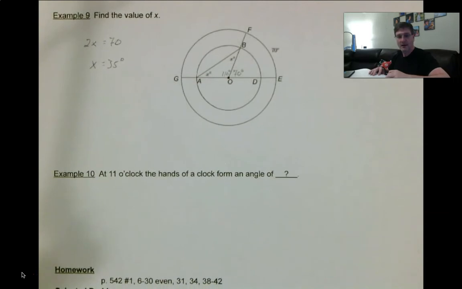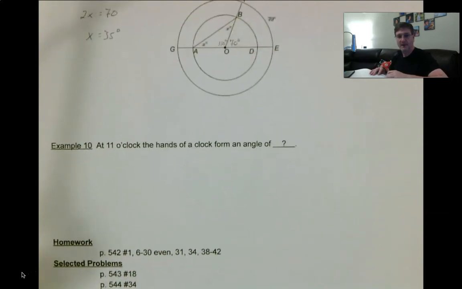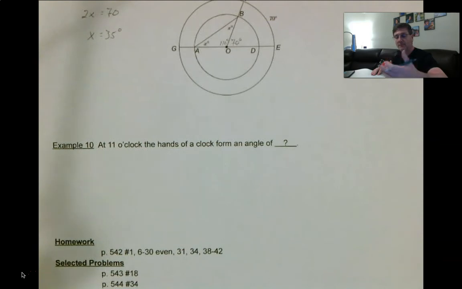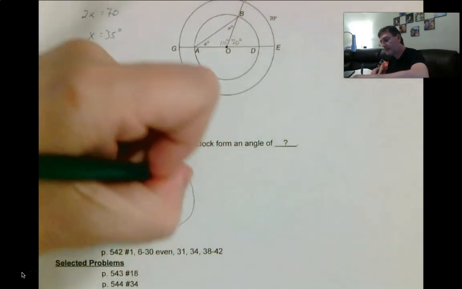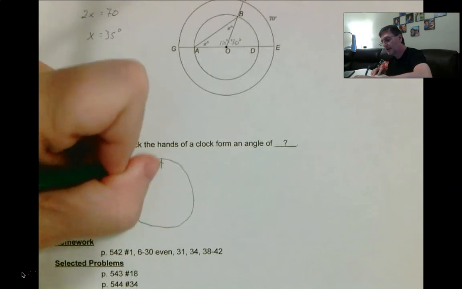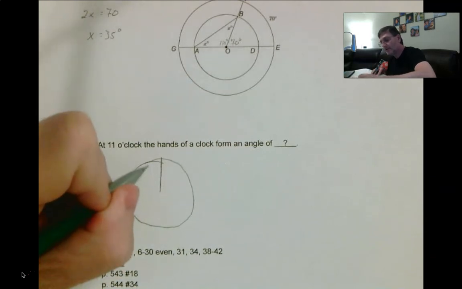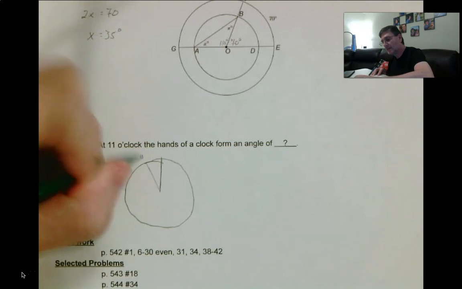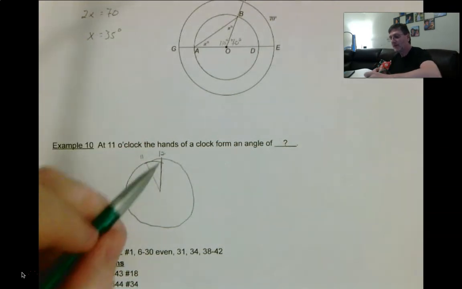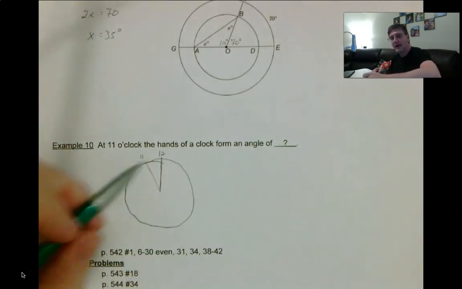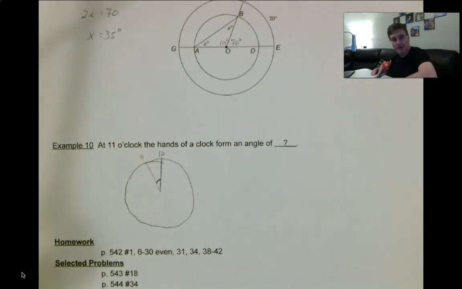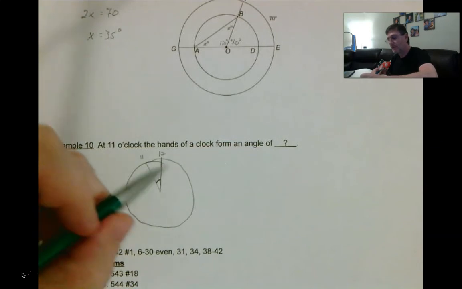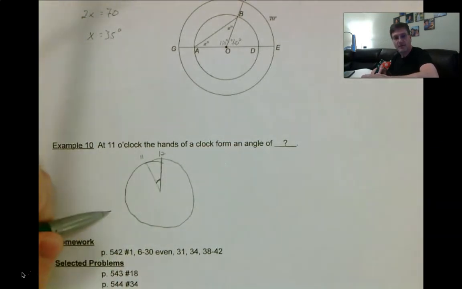At 11 o'clock, the hands of the clock form an angle of blank. So here's our clock. There's noon, 11, 12. There are 12 of these going around. This is 1/12 of the circle.